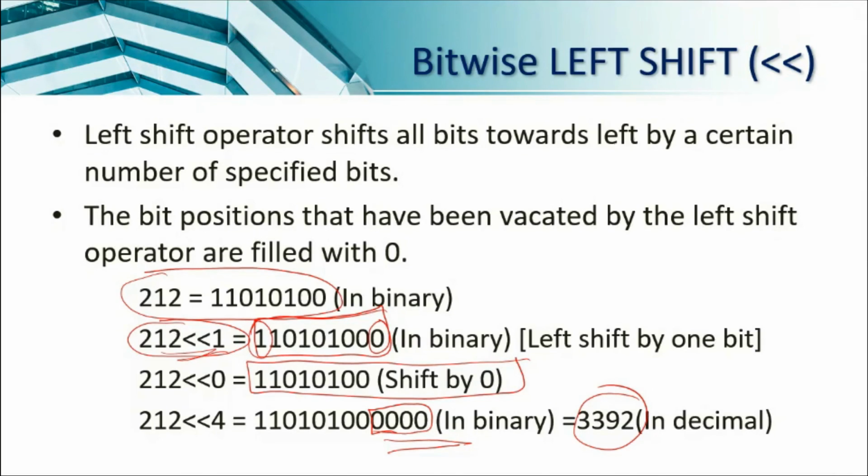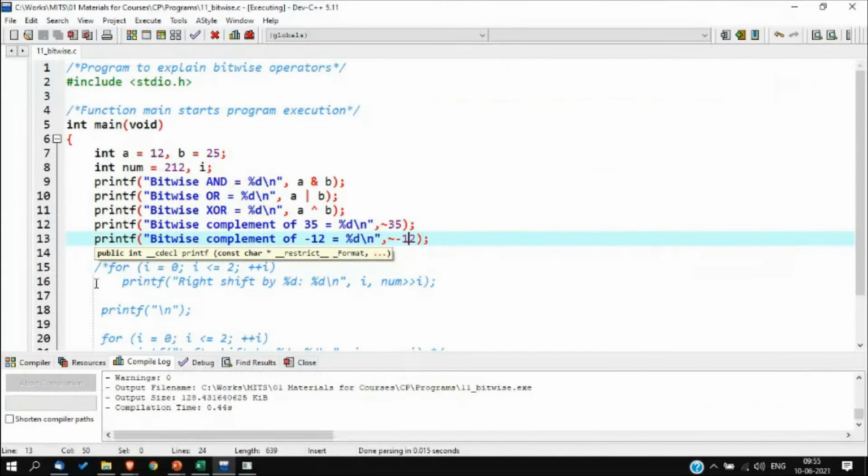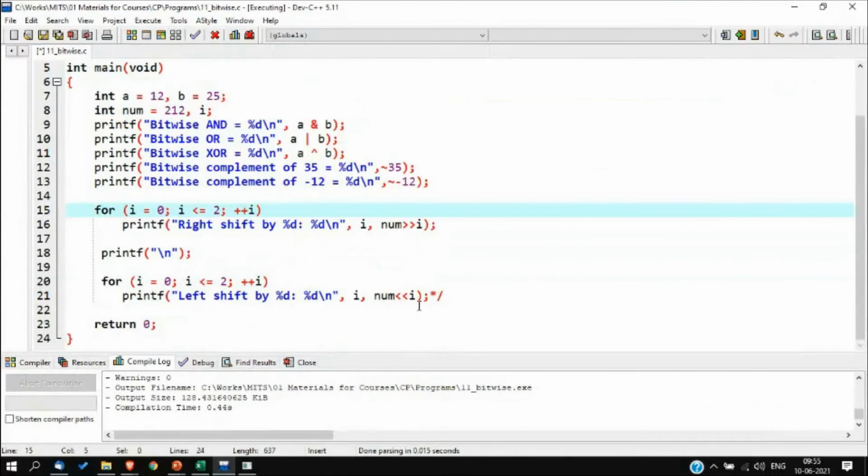Now let's see how the right shift and left shift work in C programming. What we had commented in the previous session, we can remove.